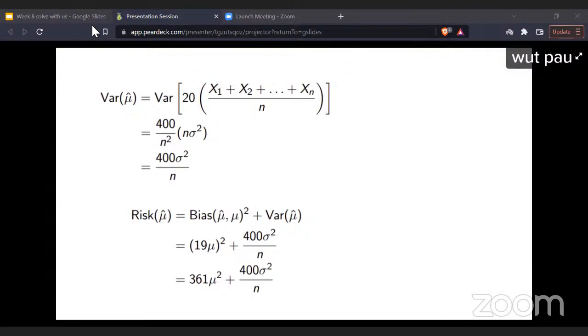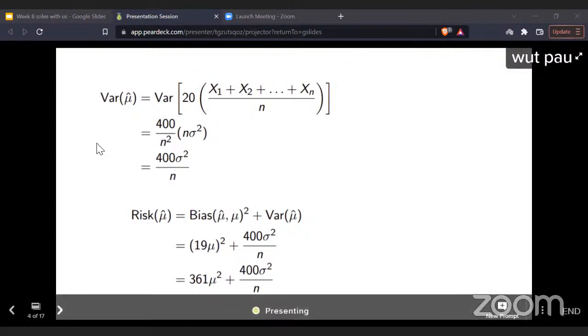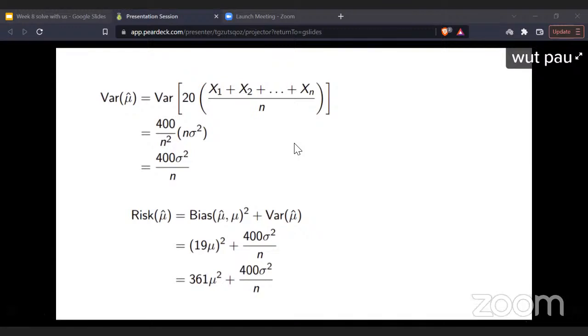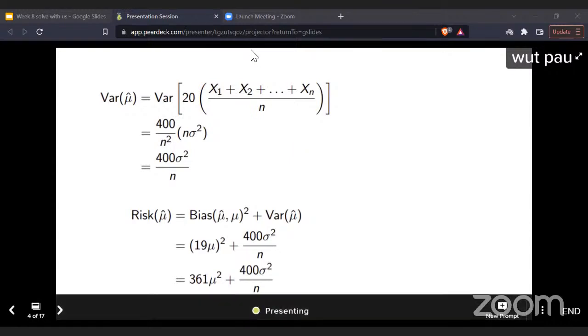Ma'am, just a small doubt. Whatever you have explained is clear. Generally, we also define risk as the expected value of the square of error, right? That is the first principle definition. Risk is the expected value of the square of error, E of (theta hat minus theta) whole square.